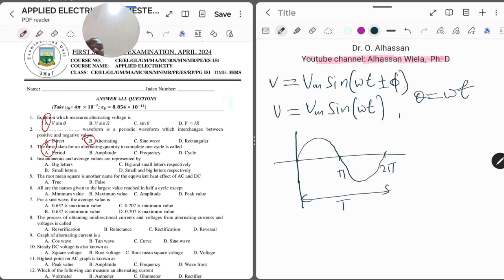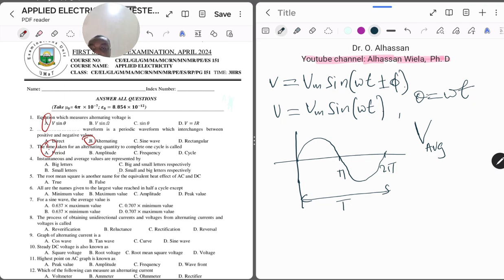Average values, we use capital letter V, and then we write below it average value. So this is voltage, meaning average voltage. So for instantaneous, we use small letter, and for average value, we use what? Capital letter, and then we write average value below it.